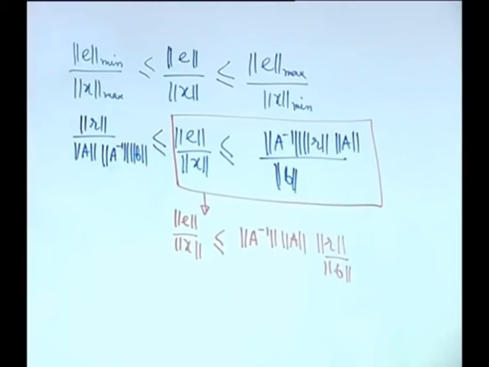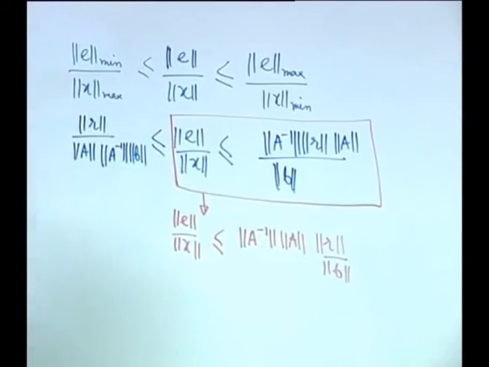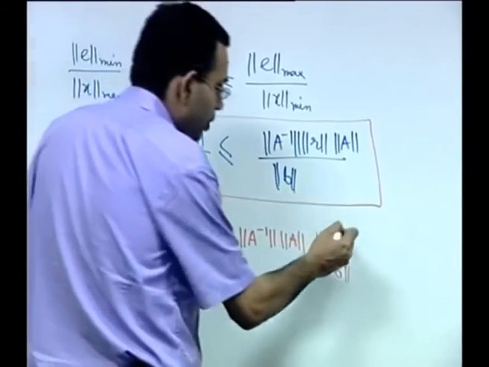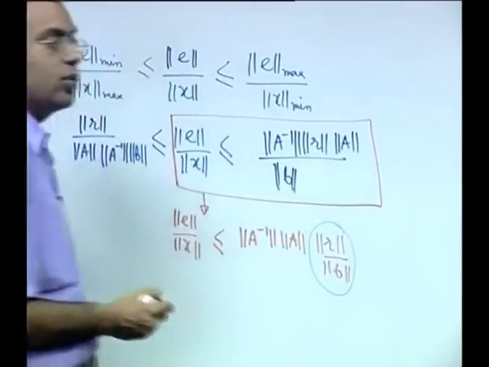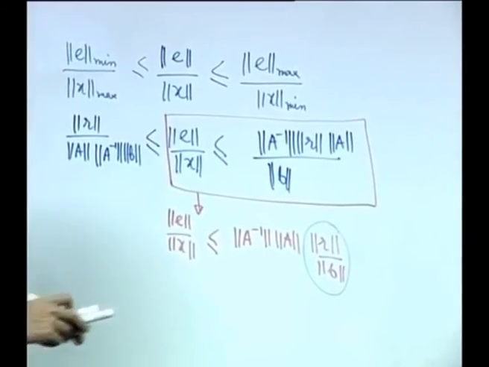What can we conclude from here? We can conclude that even if you have a small norm of r by norm of b, r is the residual.